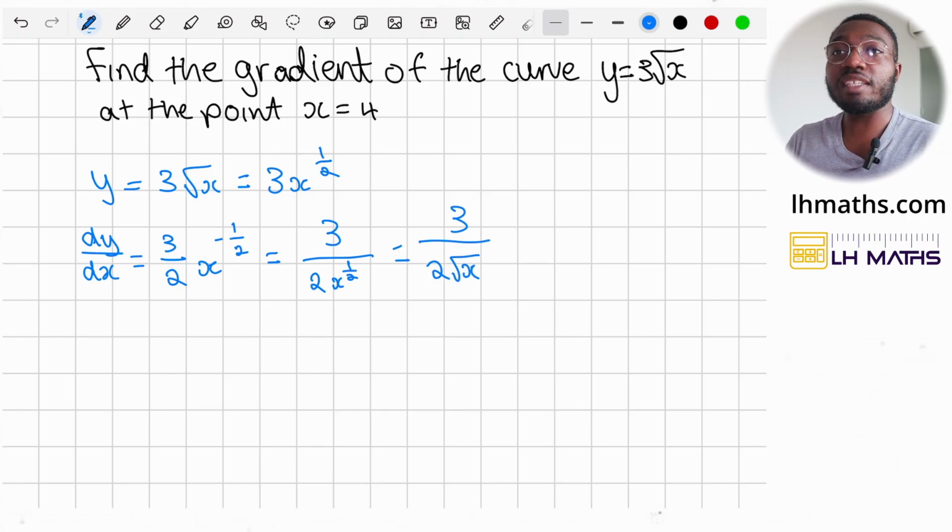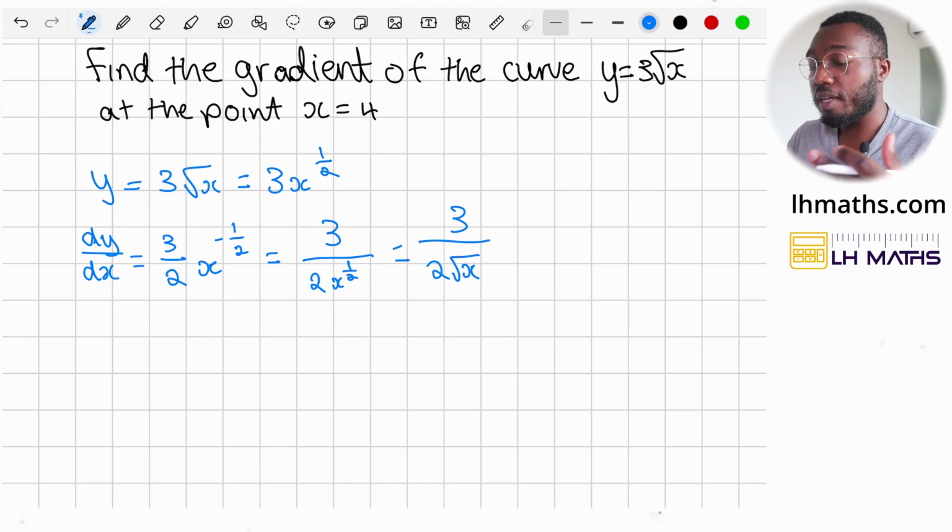To me, it seems a lot easier if we are going to substitute in the number when it's looking like this, rather than have 3 over 2 times 4 to the power of a negative half. That can look a bit iffy. This to me is easier to work out. So now we've differentiated and we've written it back in this form. Now we can go and substitute in 4 for x.